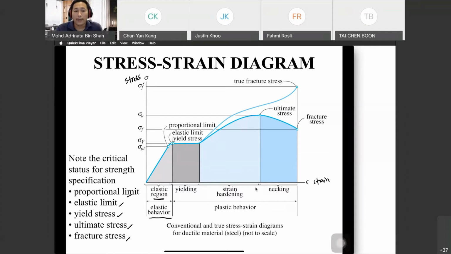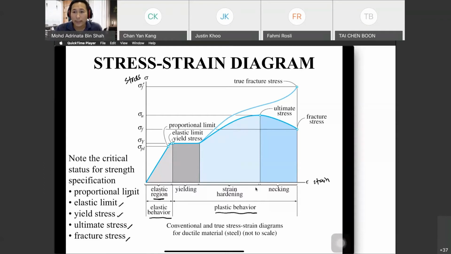Then we have the plastic behavior, when we give extra load beyond the elastic region. When we release the load, it will not come back to the original place.